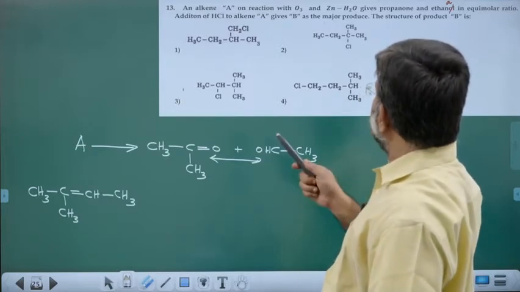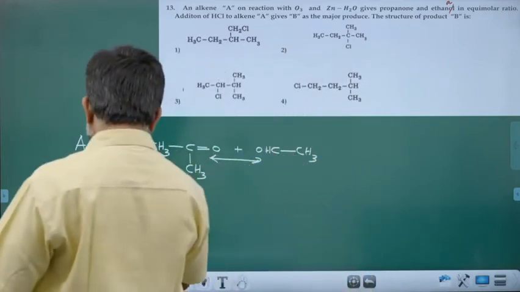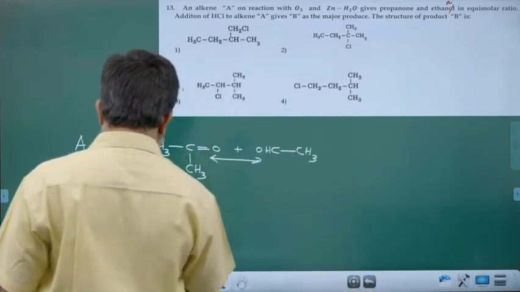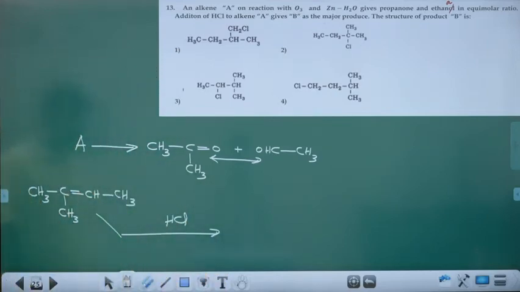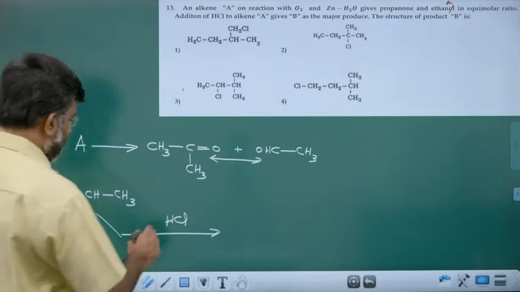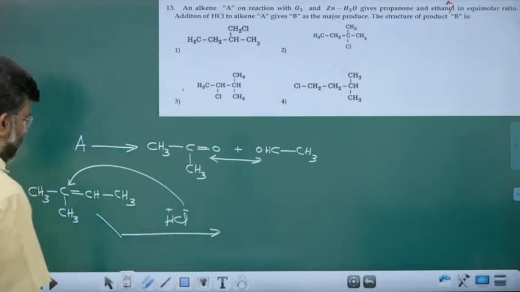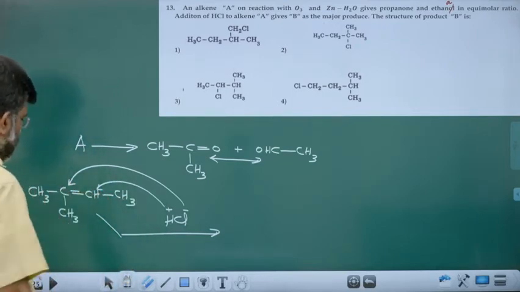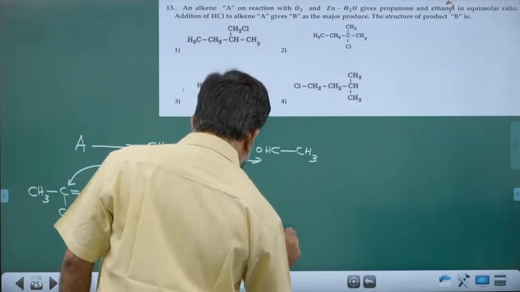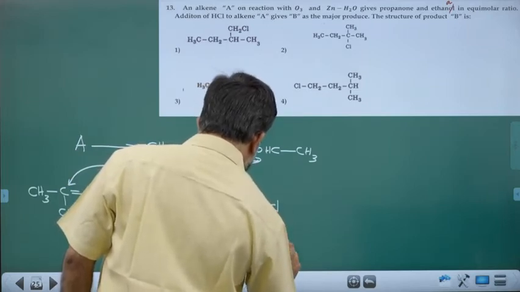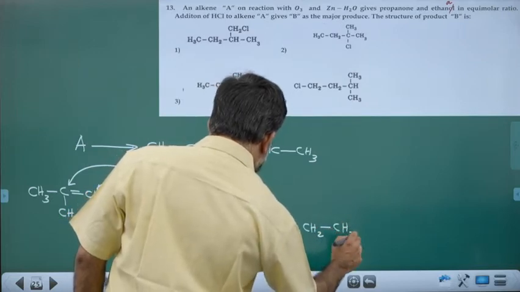Now that alkene A treated with HCl, you get B. That is undergoing Markovnikov addition. You have H plus and Cl minus. Cl minus will come on this carbon and hydrogen will come on this carbon, and the product B will be CH3, CCl, CH3, CH2, CH3.